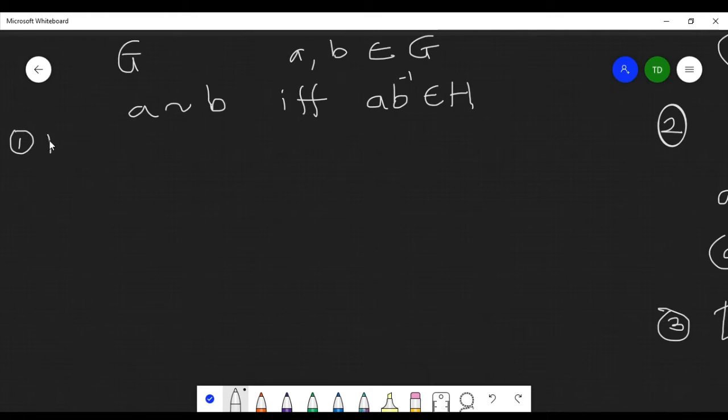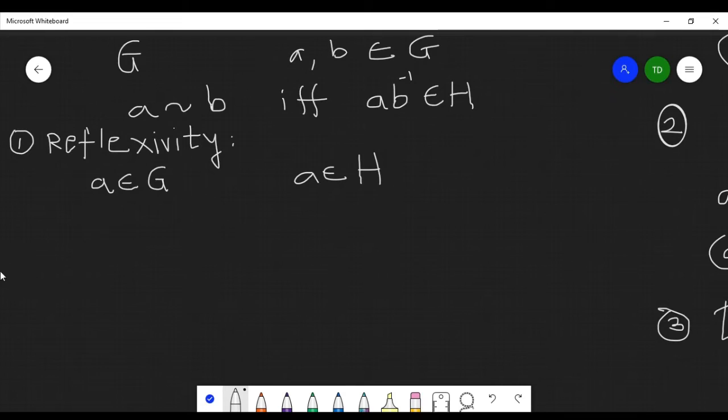Very first, let us check reflexivity. So we have taken A from G. I know if I operate A with its own inverse, it produces the identity element, and the identity element is always present in a subgroup.